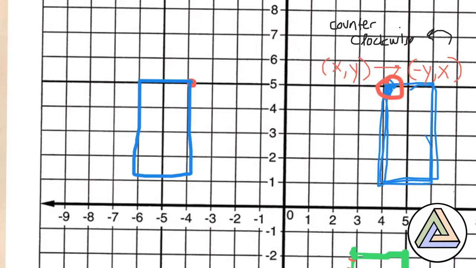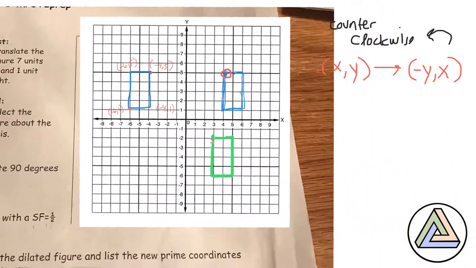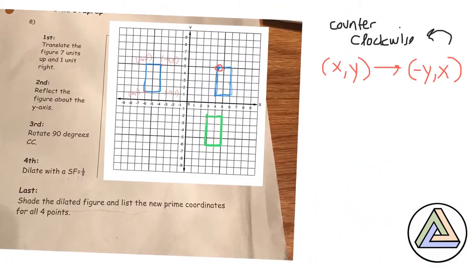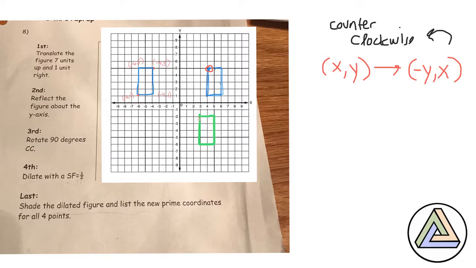So let's get clear on the 4 reference points right here. What we have right here is negative 6 comma 5. We have negative 4 comma 5. We have negative 6 comma 1, even though it doesn't look like it. We have negative 4 comma 1. Now we have these 4 reference points, and what I would advise is setting up the following chart.